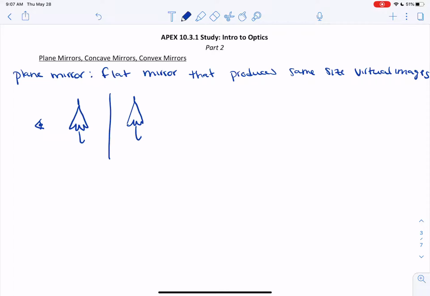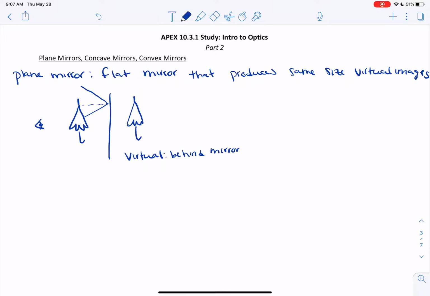So the reason why this happens is because of that law of reflection, which we talked about yesterday, that when light bounces off the mirror, it produces that same angle, and as a result, you see an image that is the same size.